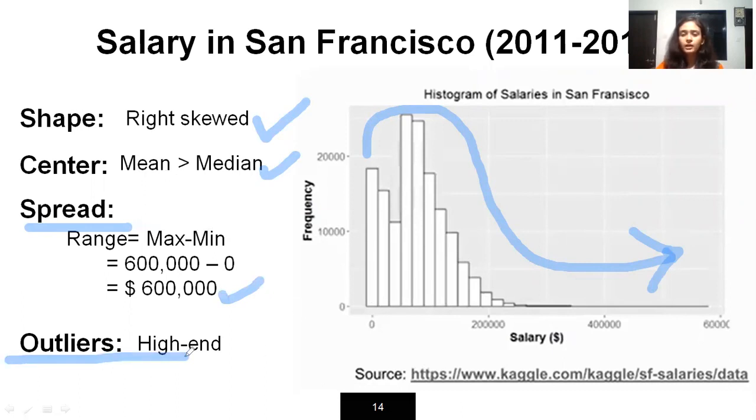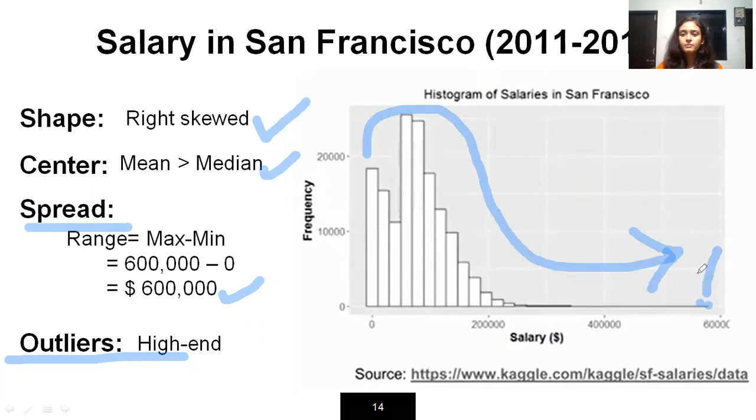Now I am talking about the outliers. Outliers are data points which are away from the other data points. These are my general data points, and my average is maximum over here. Suppose there is one data point, not visible over here because it is only one point, where one person has a salary around $600,000.